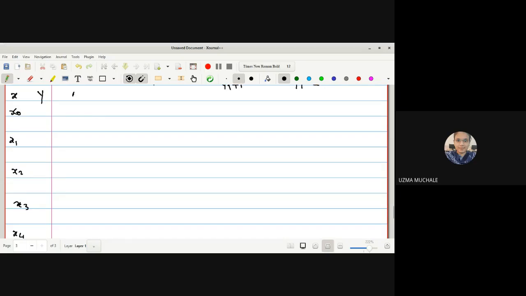This is corresponding to the backward difference operator. We are writing y0, y1, y2, y3 and y4.